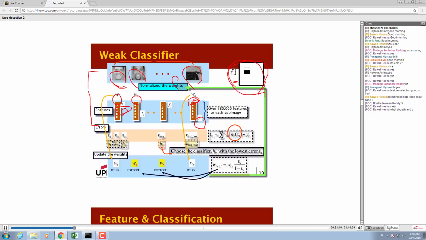Another symbol is E. I will explain H and Y a little bit later. Here E means error. It's straightforward, right? From every feature, we can calculate the error. This is actually a very beginning and very important step in this algorithm.